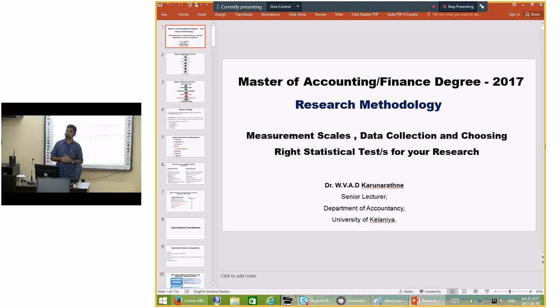If you need to mention percentage analysis or measures of central tendency, as we discussed in the previous year, then sometimes you have to use mean, median, mode, then standard deviation, variance. It depends on your study. No need to try to apply advanced statistical tests. That depends on the purpose of your research.